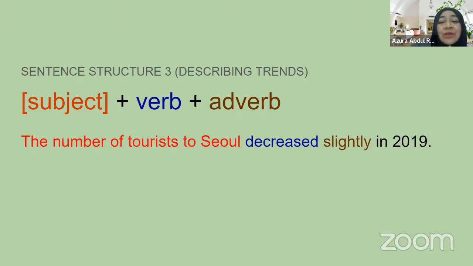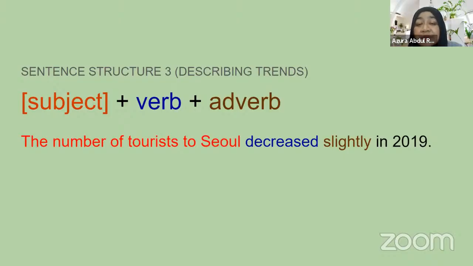Now, if we're going to talk about the use of verb, the subject comes first, plus verb, plus adverb. The number of tourists to Seoul decreased slightly, and then the information, in 2019. If you don't have the information, full stop after slightly. Subject plus verb plus adverb.